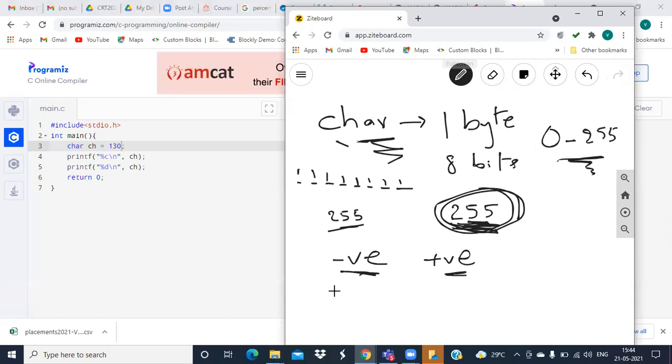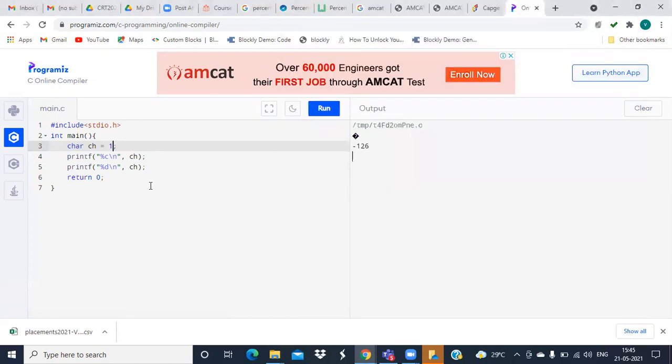As a result, the character data type ranges from minus 128 to positive 127.